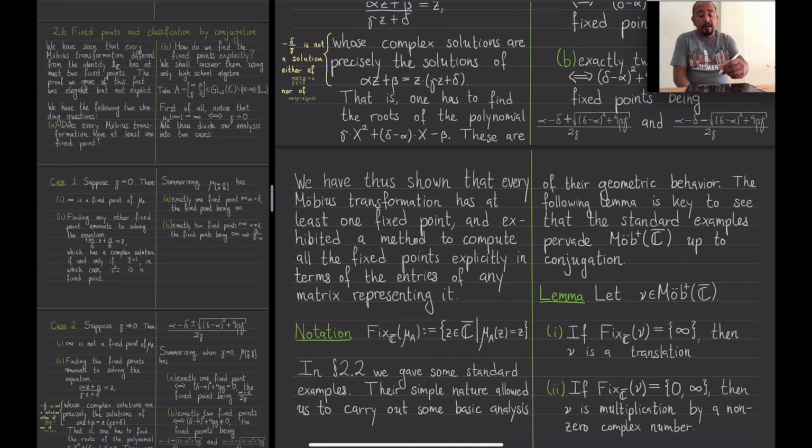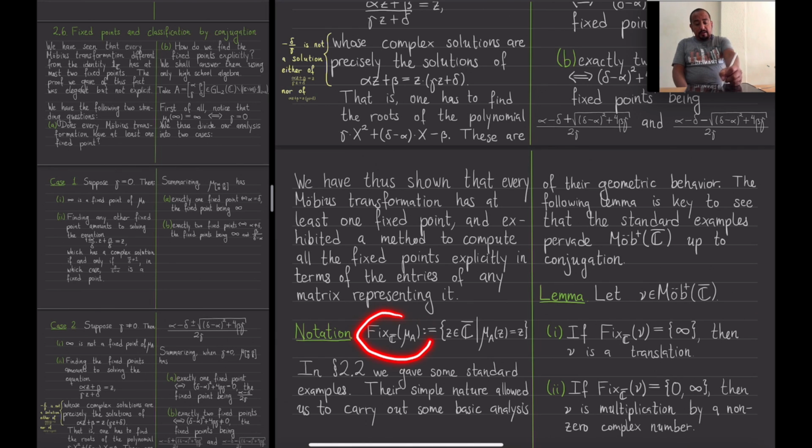I mean, more generally, if a group is acting on a set X, and I take an element g of the group, then I can define Fix of g in the set to be the set of fixed points of that g in X, right?